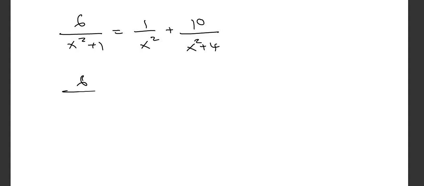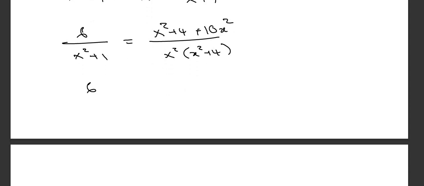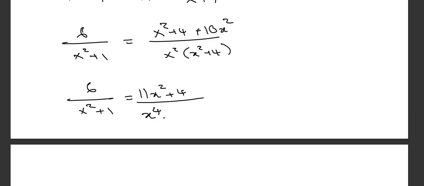Then this is 6 times x squared plus 1, equal to x squared, then x squared plus 4, then this will be 10x to the power 2. Then 6 plus 1, this will be 11x squared, then plus 4. Down, if you multiply this, you will get x to the power 4 plus 4x to the power 2.